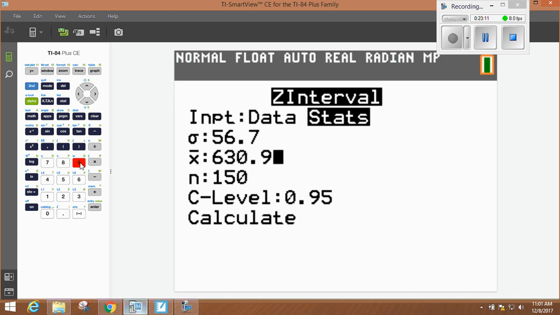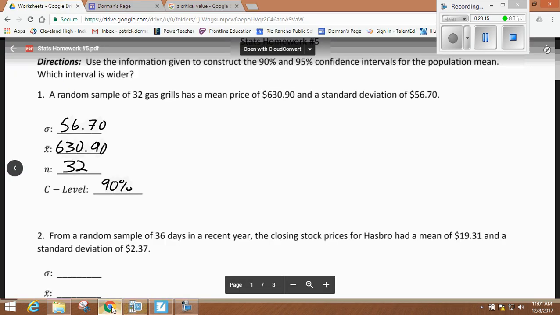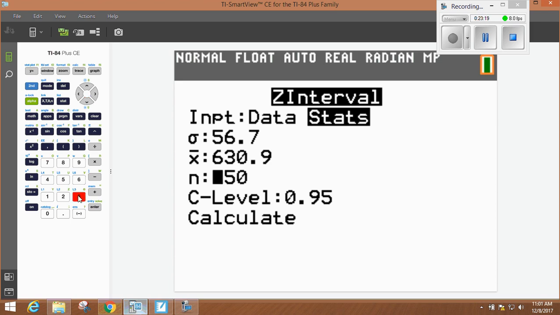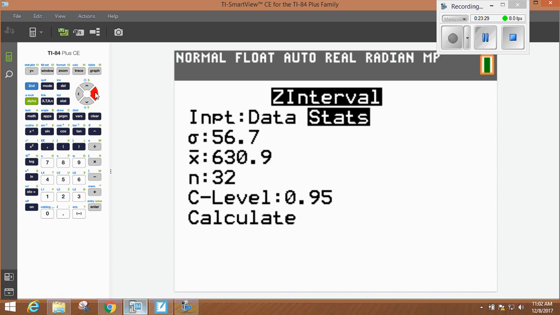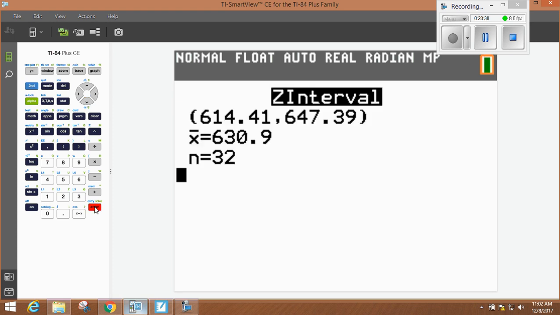All right. How many grills? 32. Our confidence level, let's go ahead and calculate it at the 90% level, because it says to do 90 and 95.